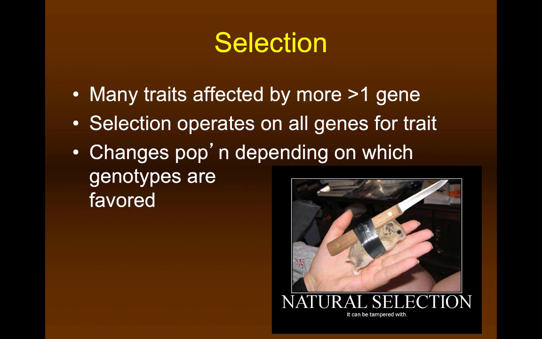All right, so another situation. The survival of an organism is the result of all of its alleles in combination. So it's not just one allele typically that determines whether an organism survives or not. What happens if you have some really, really good alleles, but you also have some really, really bad alleles?